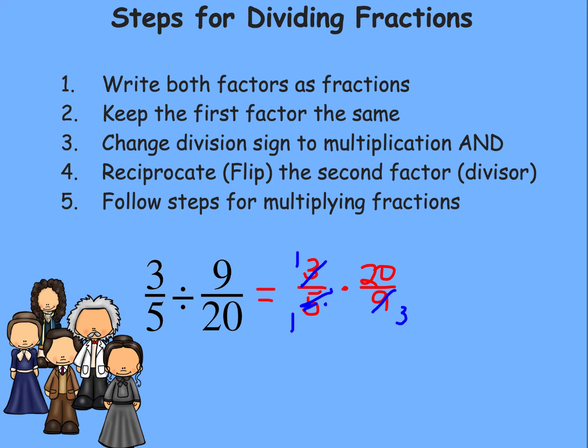And 20 divided by 5 is 4. And now we multiply. 1 times 4 is 4. 1 times 3 is 3. I'm going to leave it as an improper fraction exactly how it is, because it's just fine for the problem. So our quotient is 4 over 3.